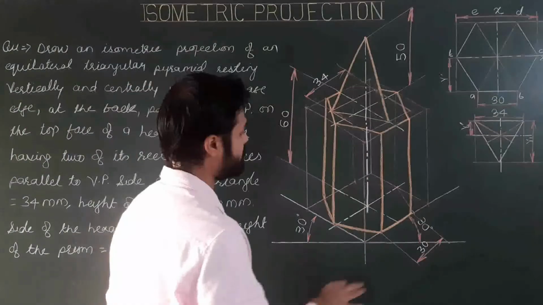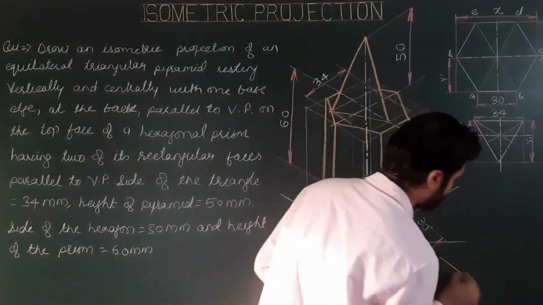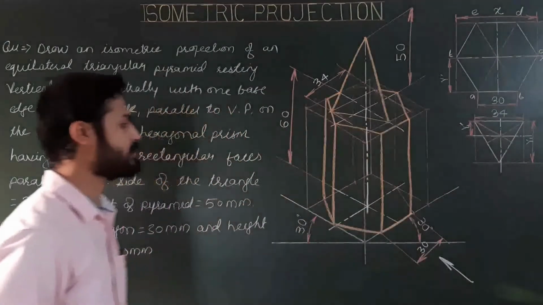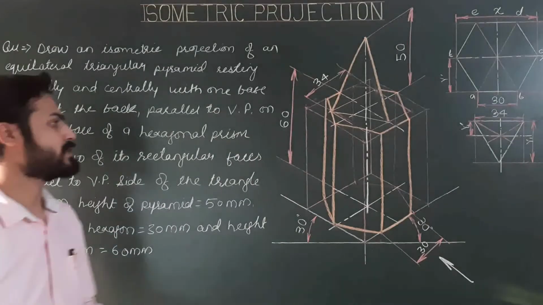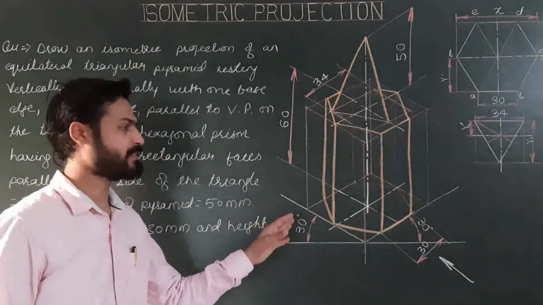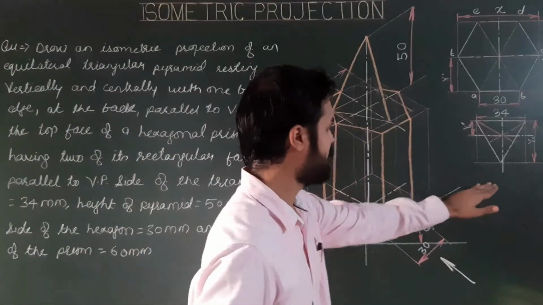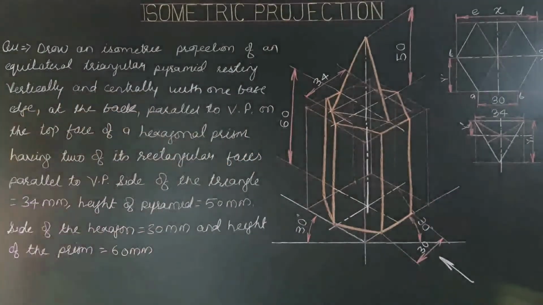And direction of observation. This is the direction of viewing or direction of observation for the present situation or combination. And please write the heading, helping figure, and isometric projection.